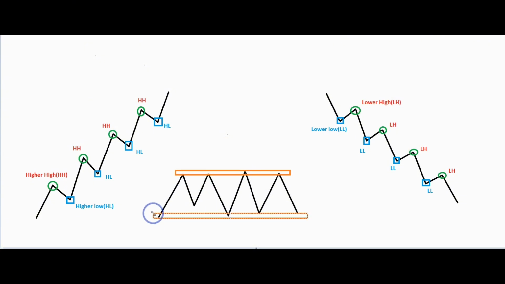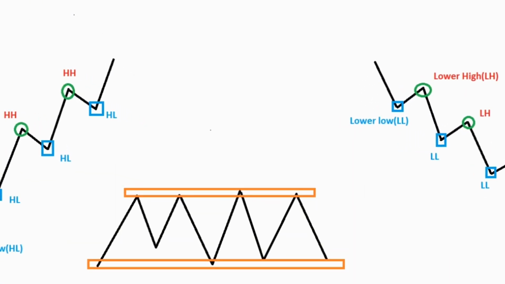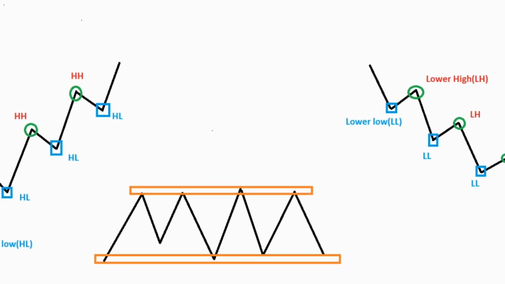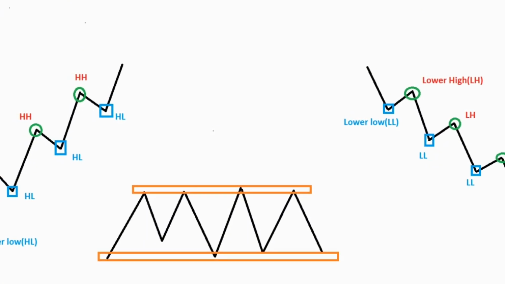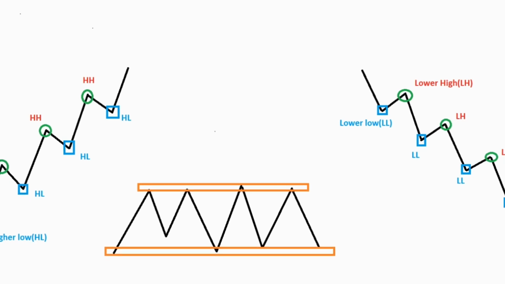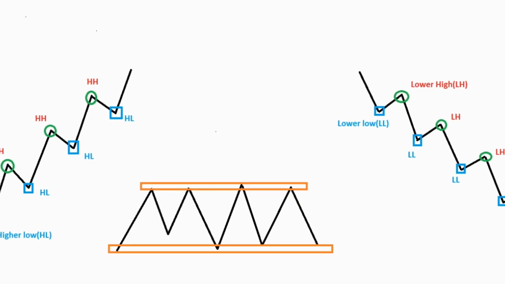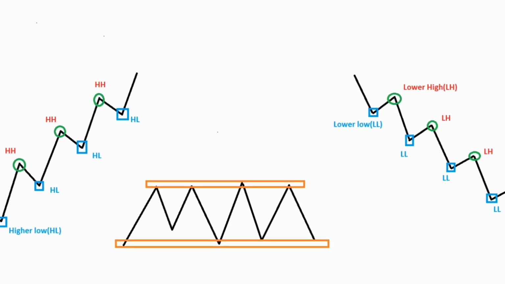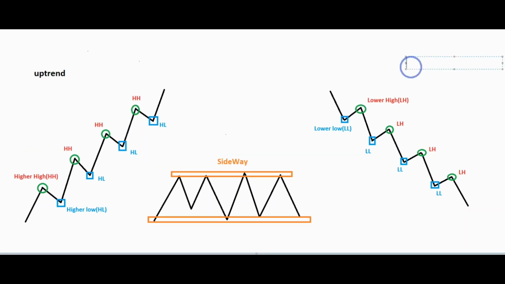In this case, we see that the price is neither forming higher highs nor lower lows. Instead, it moves between two horizontal levels, creating a range. This type of trend indicates that the market is in a consolidation phase, where there is no clear direction.